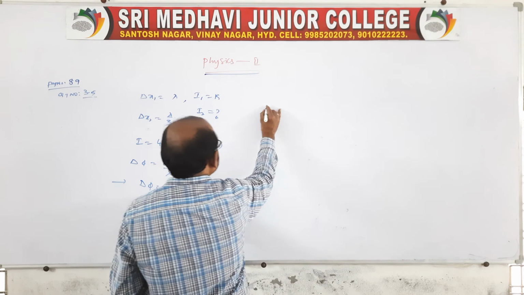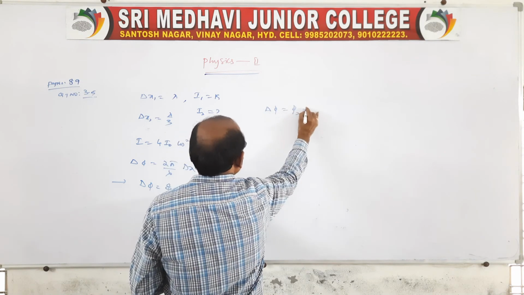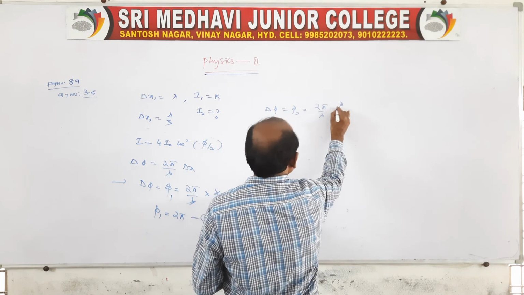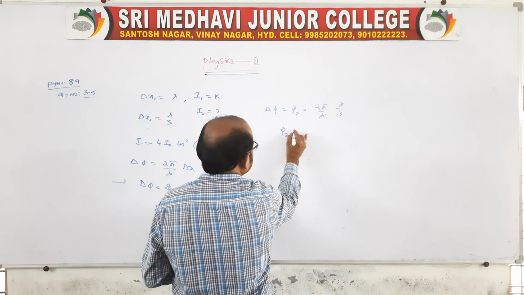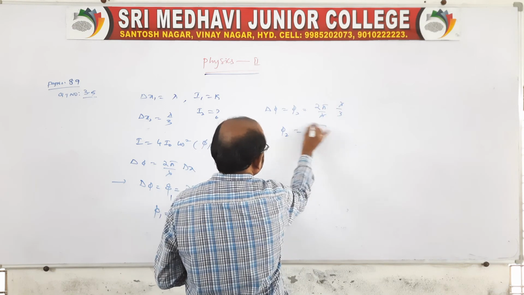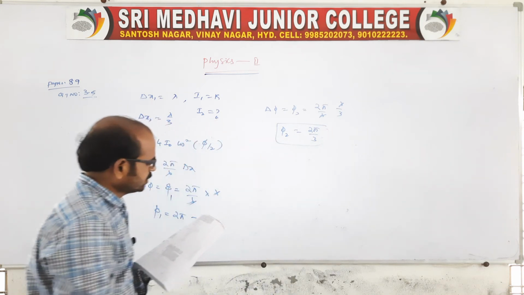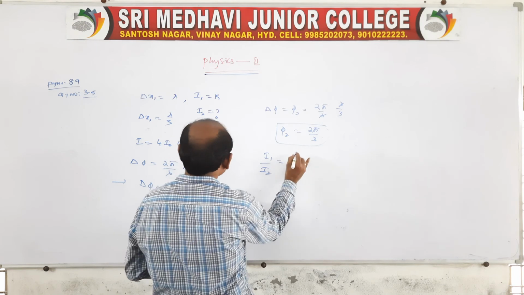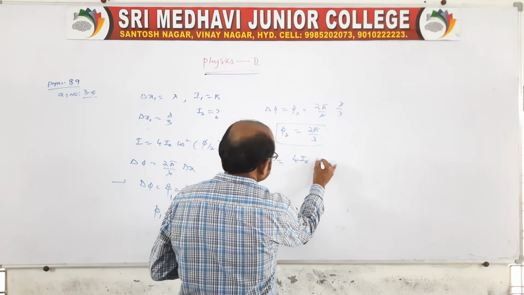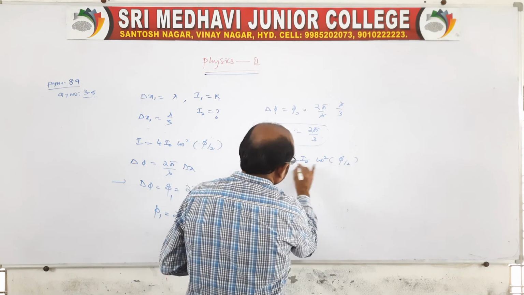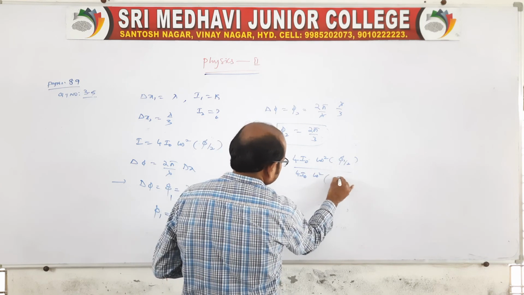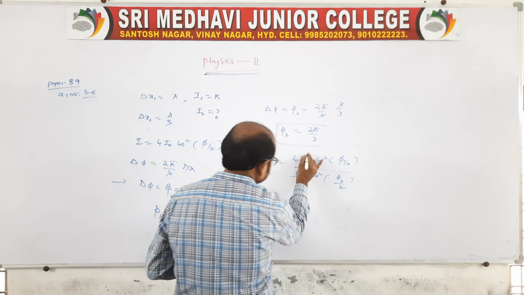In the same way phi 2 will be 2 pi by lambda into delta x, given as lambda by 3. So you cancel, therefore phi 2 is equal to 2 pi by 3. Now we know phi 1 and phi 2, you take directly the formulas. I1 by I2 is equal to 4 I naught cos square phi 1 by 2 by 4 I naught cos square phi 2 by 2, like this cancel.